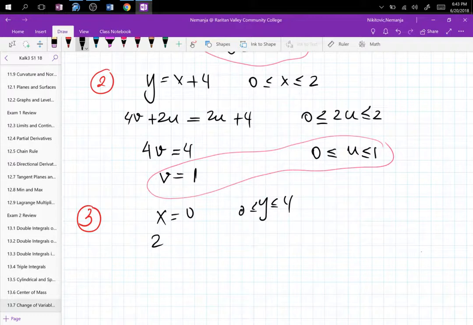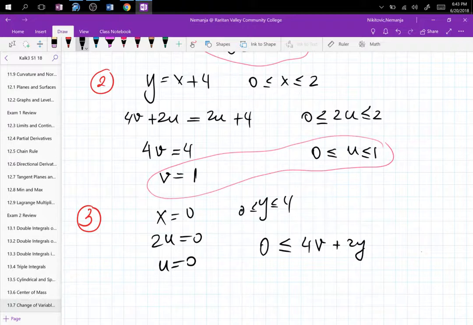So 2u equals 0, u equals 0. For the second part over here, we have 0 less than or equal to y, which is 4v plus 2u, less than or equal to 4, right?